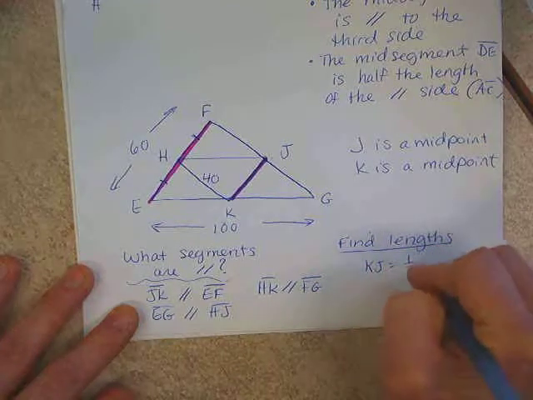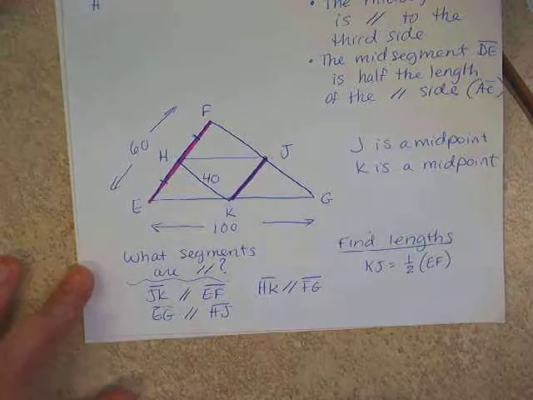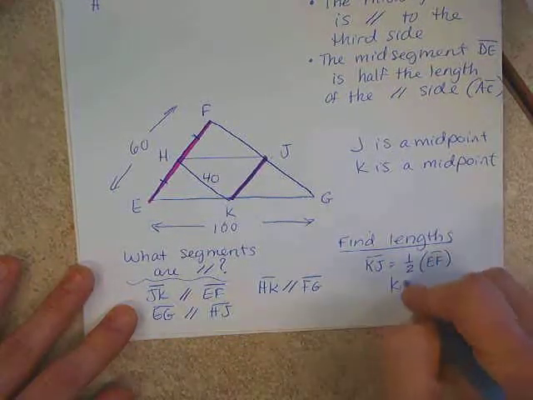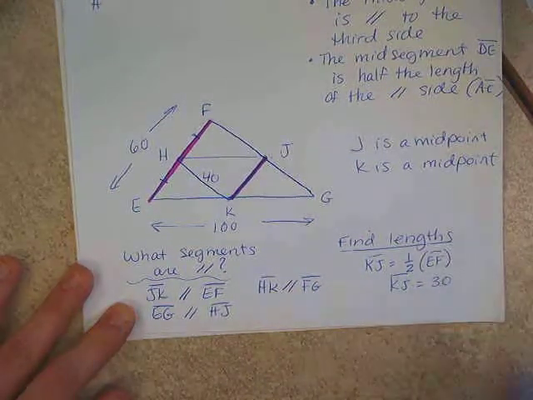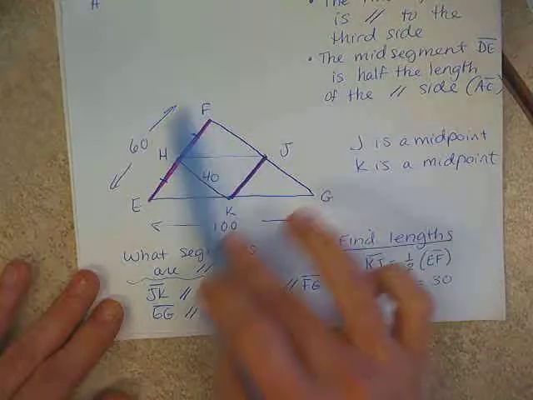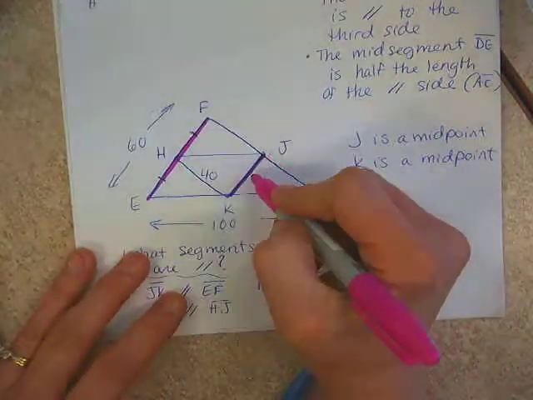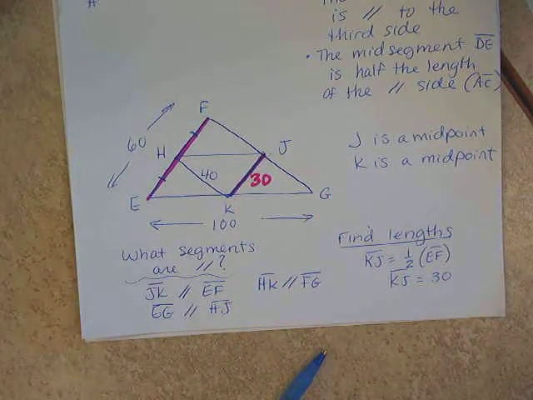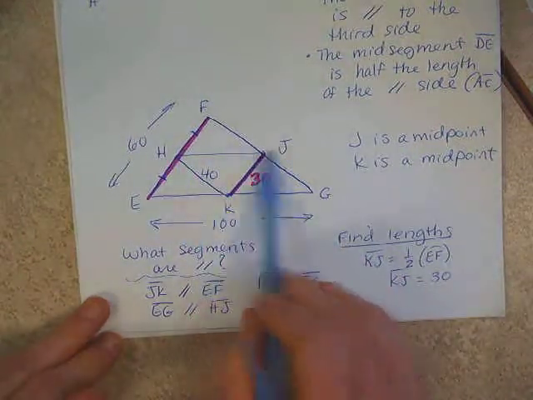So the mid-segment is half as big as the longer side, or the side that it's parallel to. So if we know that KJ is half of EF, right? So KJ should be what length? Should be 30, because it is half of 60.